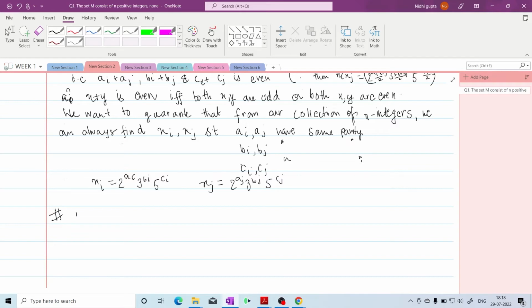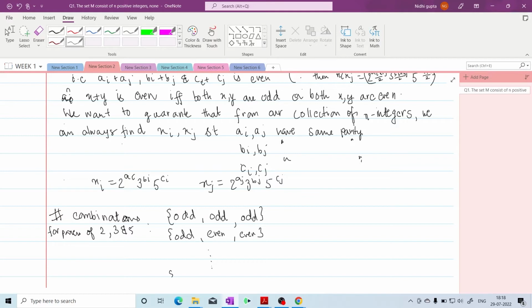The possible combinations for the powers of 2, 3 and 5 are that they can all be odd, one can be odd, both even, and so on.